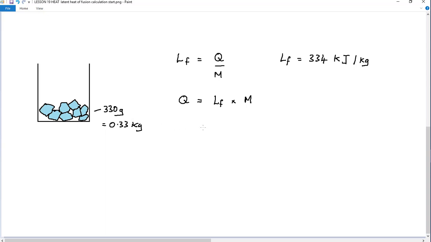All we've got to do now is substitute these figures into our equation: Q equals 334 times 1,000, for the kilo, times 0.33, which is equal to 110,220 joules, or 110.22 kilojoules of heat required to completely melt those 330 grams of ice cubes.